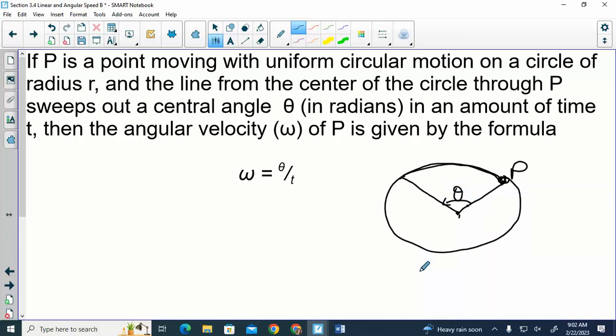That is my angular velocity. So velocity is distance divided by time. This time we're looking at the angle, so that would be theta divided by t, omega here representing the angular velocity. So theta and omega both have to be radians for this to work.